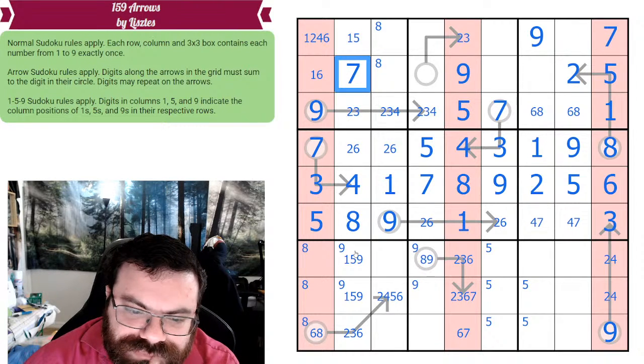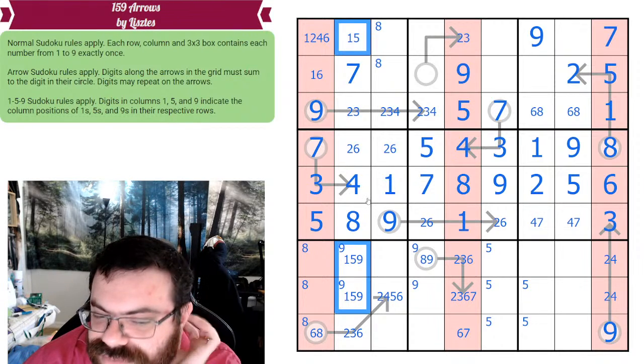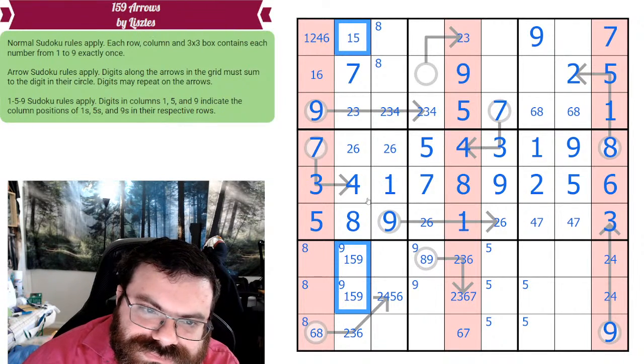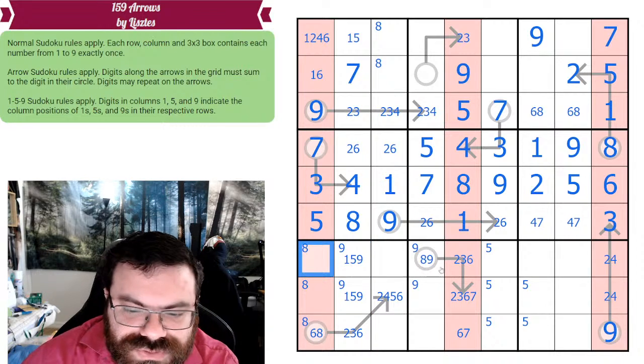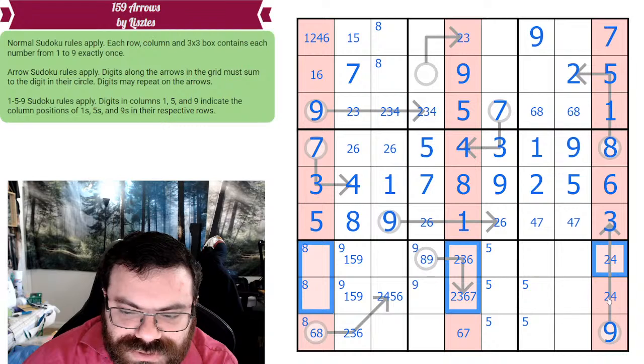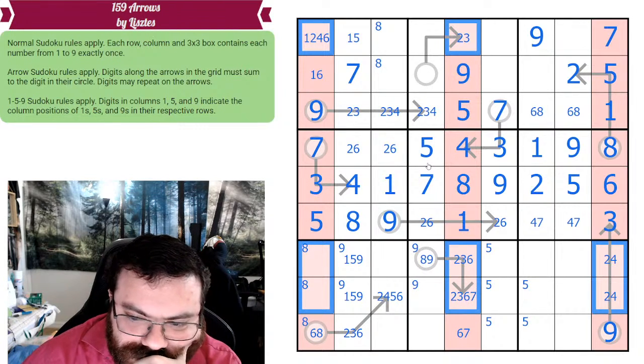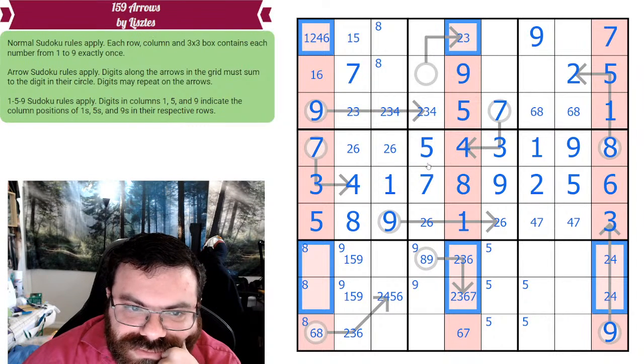This is a 159 triple. So that puts a 2 in one of these. It's like a swordfish on 2s, right? I don't know if that's helpful.